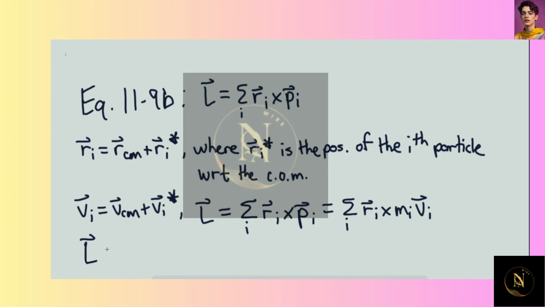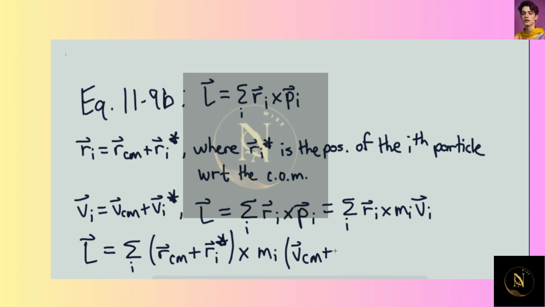And so this is going to be equal to the sum of the position of the center of mass plus the position of the I particle, cross product with the mass sub I times v sub cm plus v sub I star.